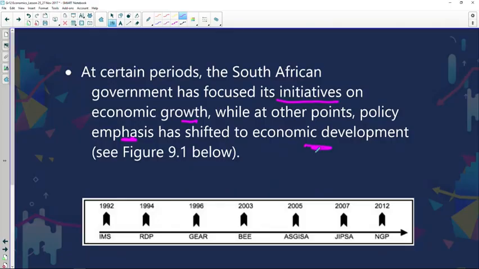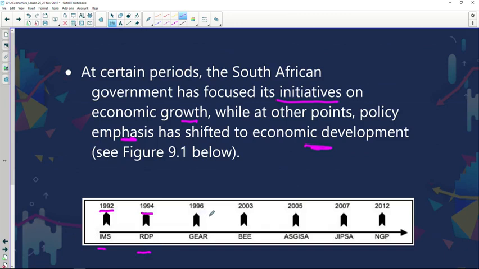And this table is going to help us to understand the different policies or initiatives that the government introduced in order to achieve economic growth and economic development. So dating back to 1992, we had the IMS that was introduced, and then in 1994, the RDP came in, the Reconstruction and Development Program.